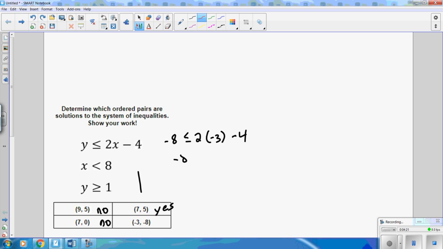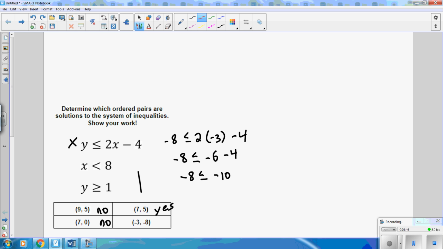So we have negative 8, less than or equal to 2 times negative 3 is negative 6, and then minus 4. And you have negative 8 less than or equal to negative 6 minus 4, that's negative 10. And negative 8 is greater than negative 10, so this does not work. Okay, so that would be no, doesn't work there. Negative 8 is bigger than negative 10.